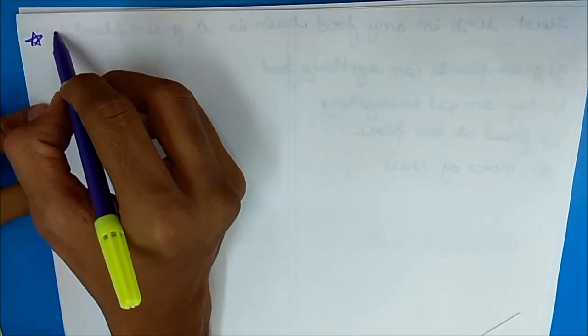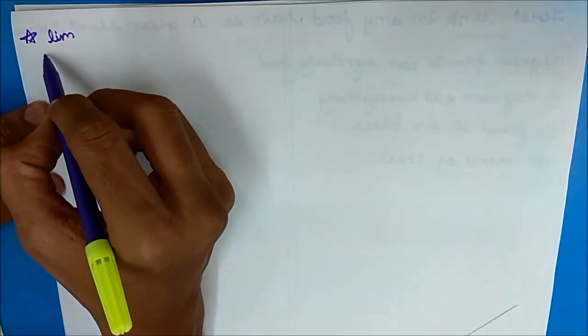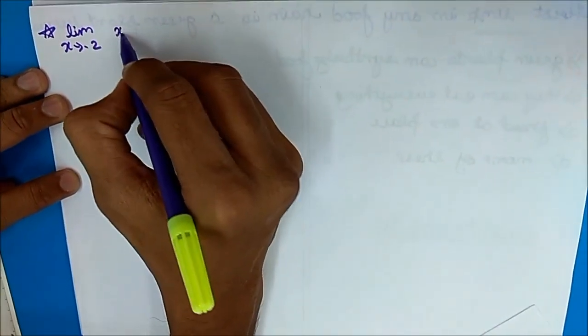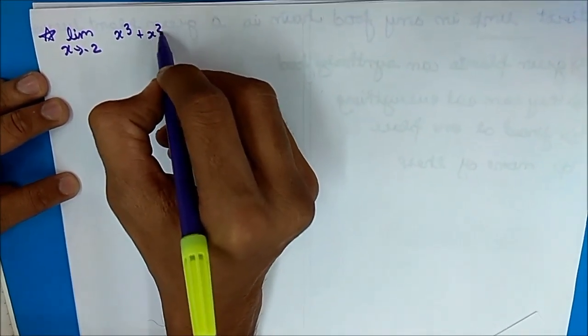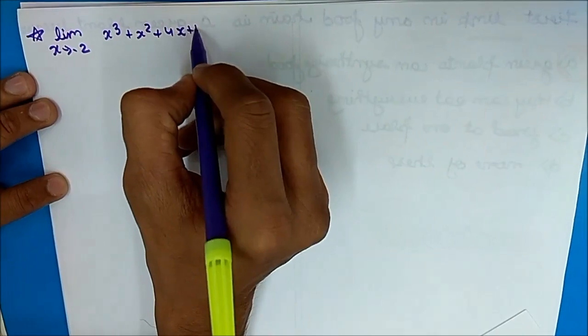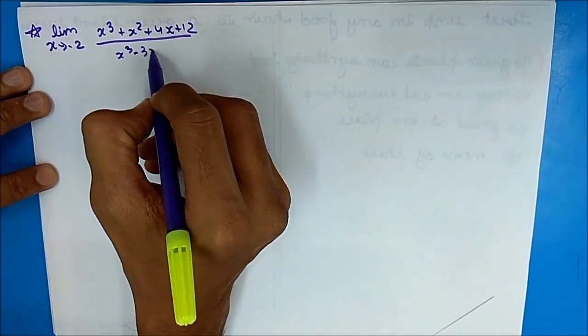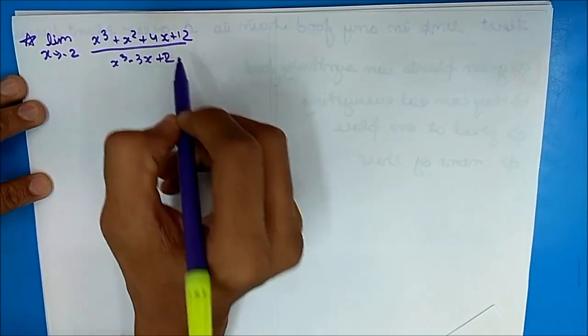Another sum, let's take some big example. Limit x tends to minus 2, x cube plus x square plus 4x plus 12 upon x cube minus 3x plus 2.